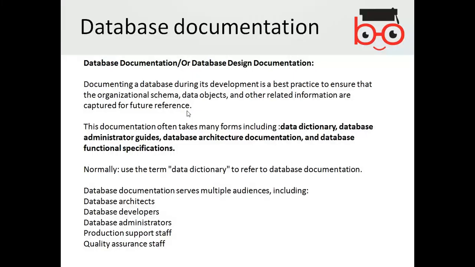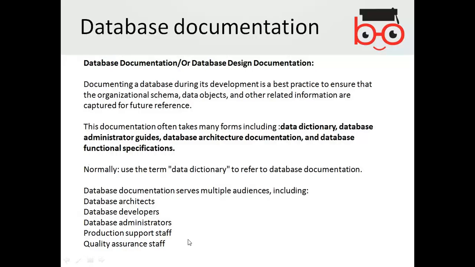In our previous lectures, I gave you an idea of the data dictionary, which stores all the information about the table names, the table sizes, the field names, the relationships between the tables, and many things here. It has multiple purposes for database architects, database developers, database administrators, production support staff, and quality assurance staff.